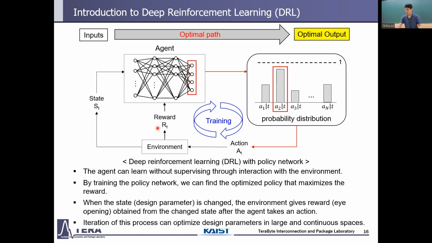When the state changes, the environment gives the reward obtained from the changed state and then updates the agent. Iteration of this process will make a good agent, and after that we can get optimized design parameters in large and continuous spaces.